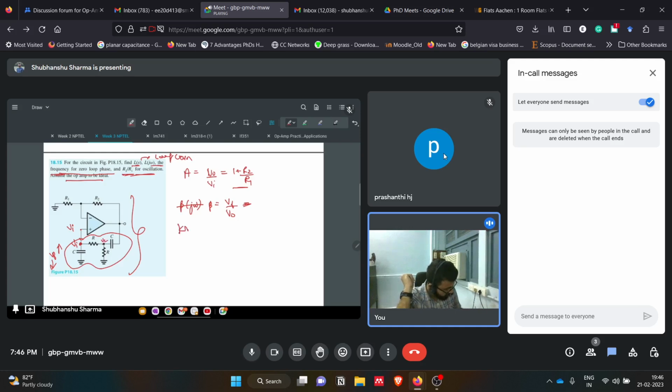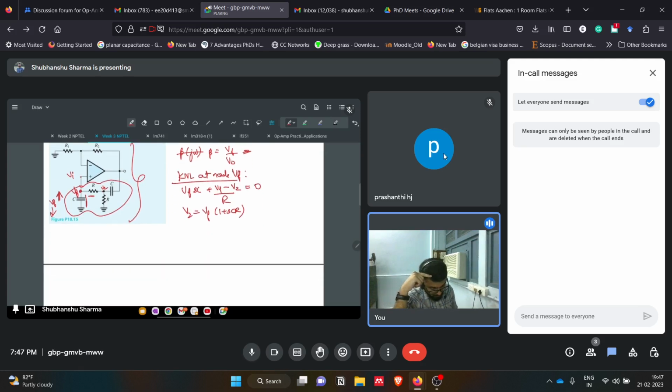Since node Vi is basically the Vf voltage, we get Vf times SC for this branch, plus Vf minus V2 by R for this branch, equals 0. Based on that, we can get V2 equals Vf times (1 plus SCR).